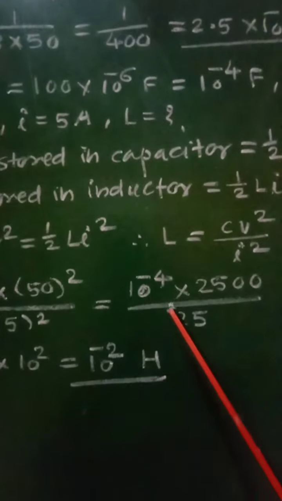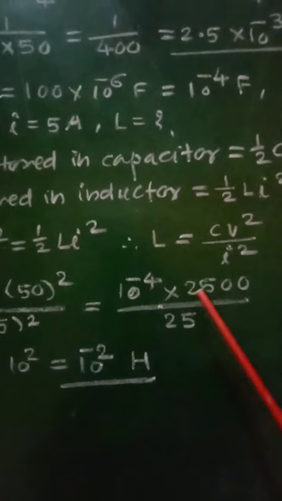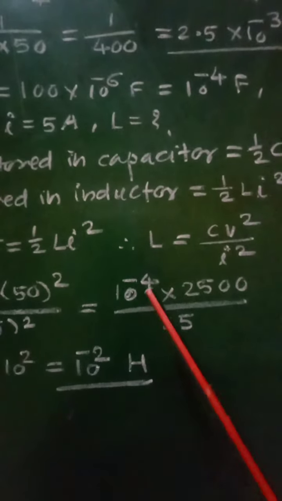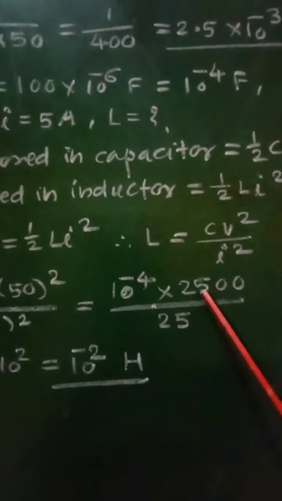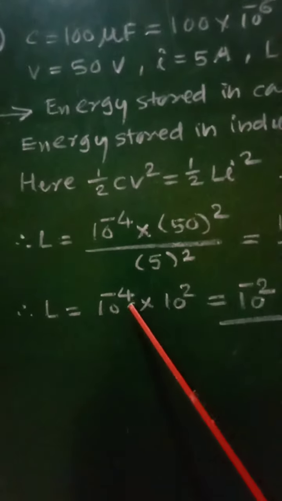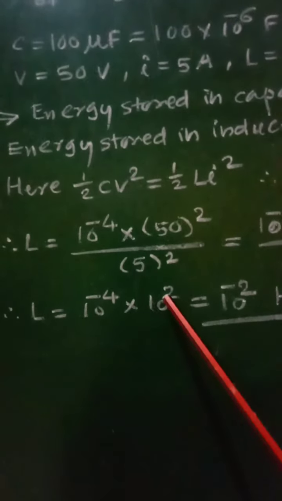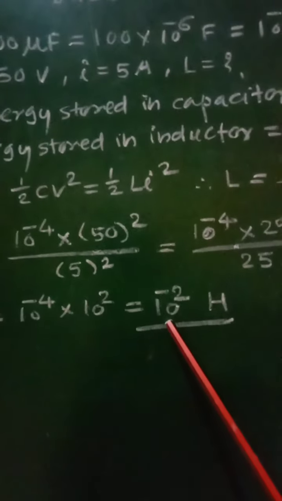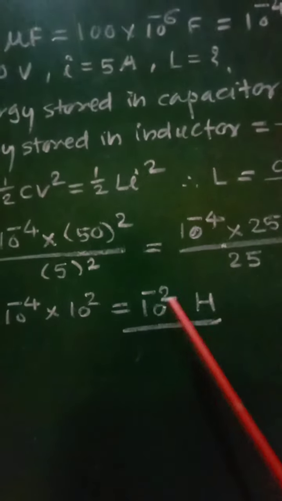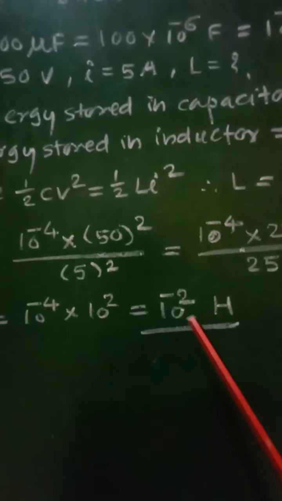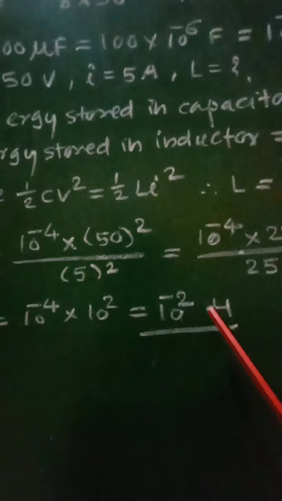Simplifying it, we will get 10 raised to minus 4 into 2500 upon 25, which comes out to be L is equal to 10 raised to minus 4 into 10 raised to 2, which comes out to be 10 raised to minus 2 Henry. So this will be the value of the inductance, that is 10 raised to minus 2 Henry.